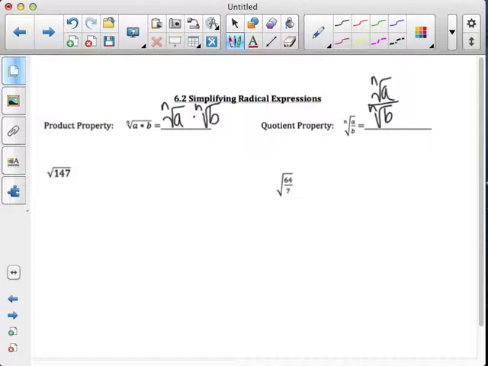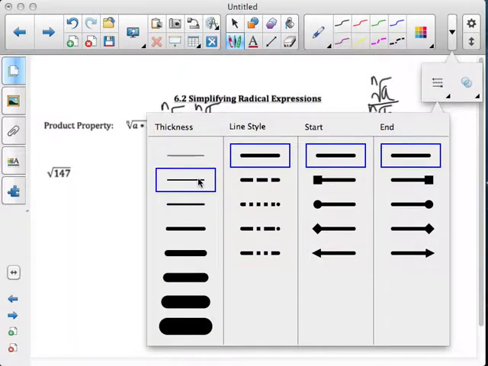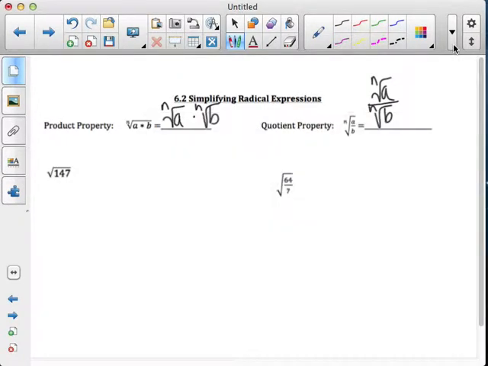So let's start looking at simplifying some problems here. Now you guys should remember back to middle school and maybe algebra 1 that you can do a square root of a radical. All right, so we're doing a factor tree here.